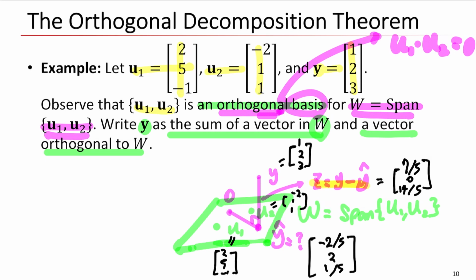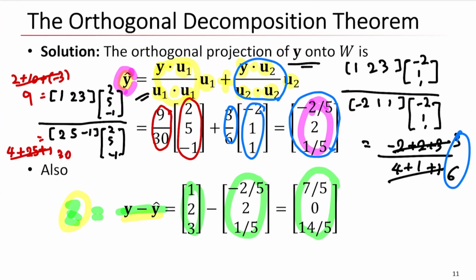Then the question was: write y as a sum of a vector in W and a vector orthogonal to W, right? So in other words, the question was to orthogonally decompose this y in terms of the subspace W, right? So how can we do that?